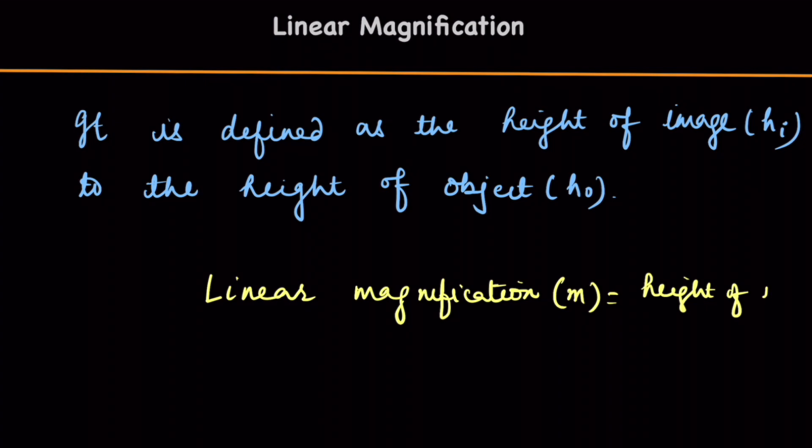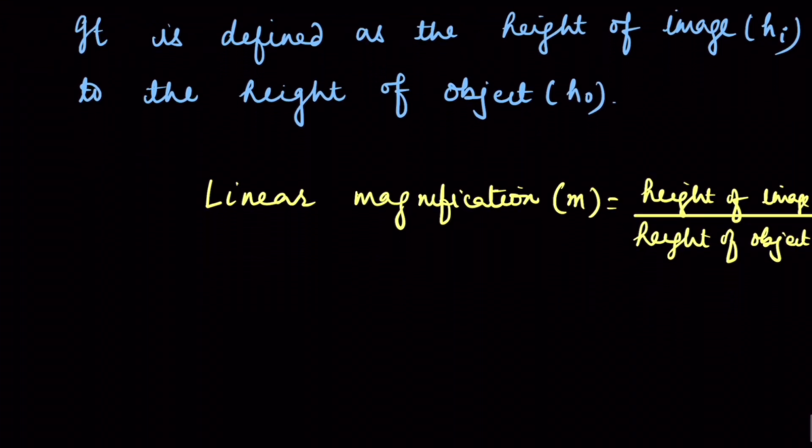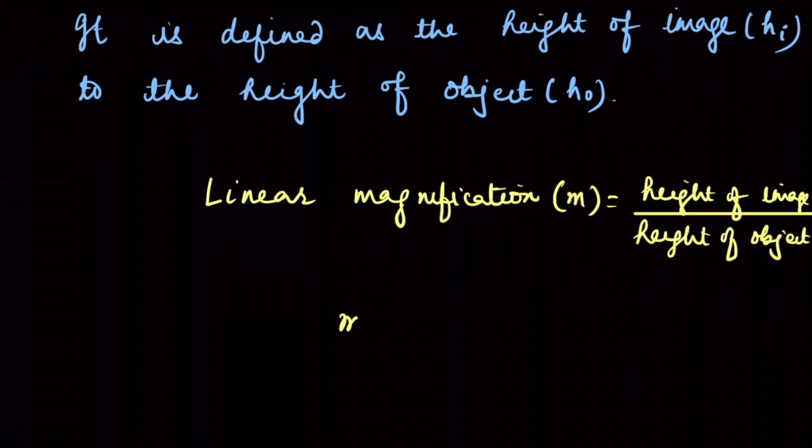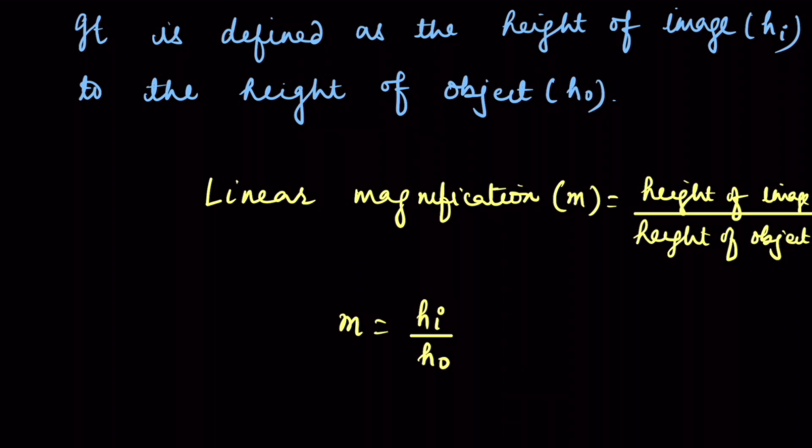the height of image to the height of object. m is equal to hi by ho.